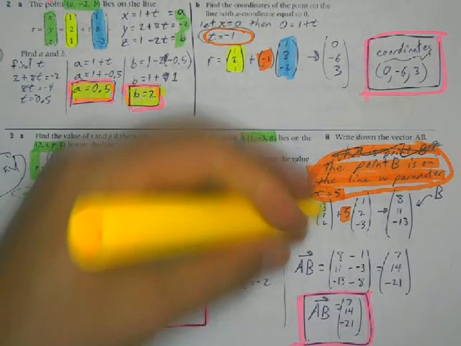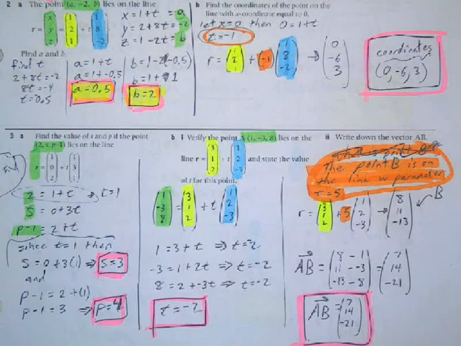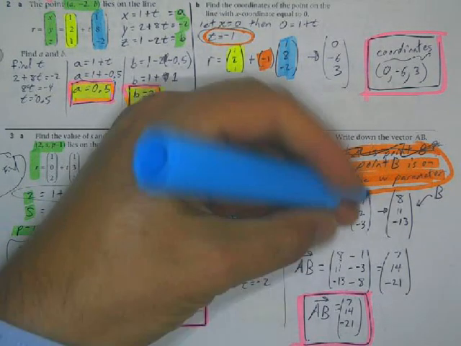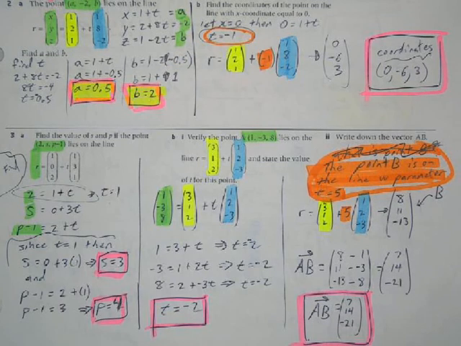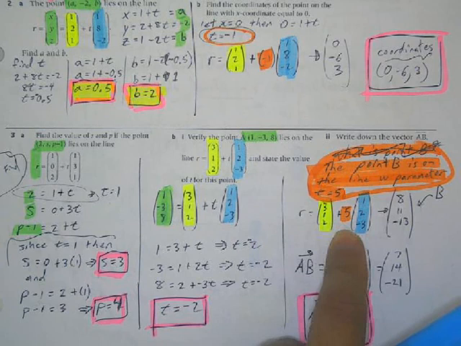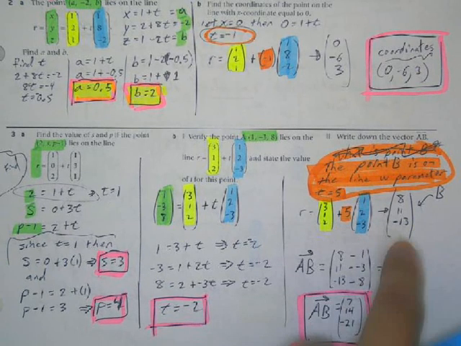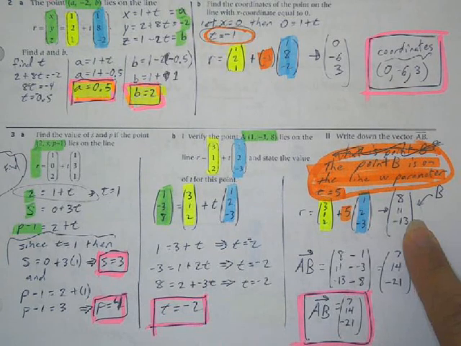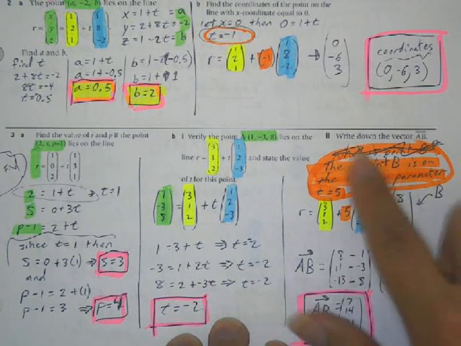Here's our position vector. We've got our direction vector of 1, 2, negative 3. We're trying to find a point when t equals 5, and then we multiply and add these across, and there's my b value. So now that I know my b value, I can find the vector AB.